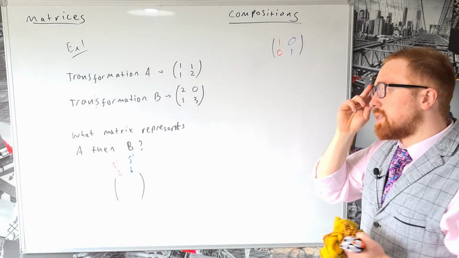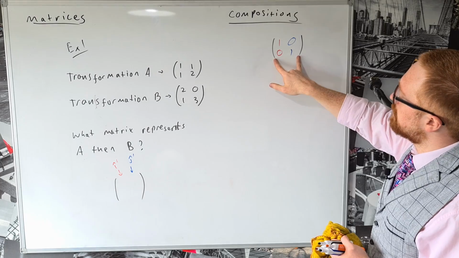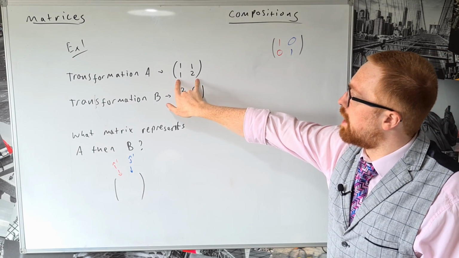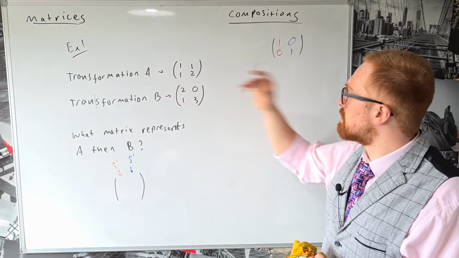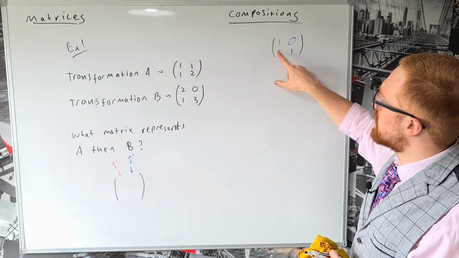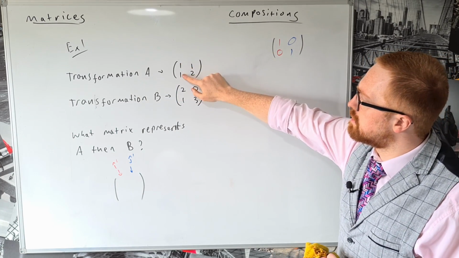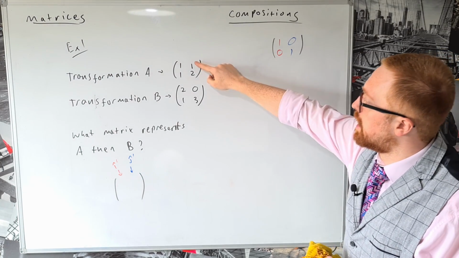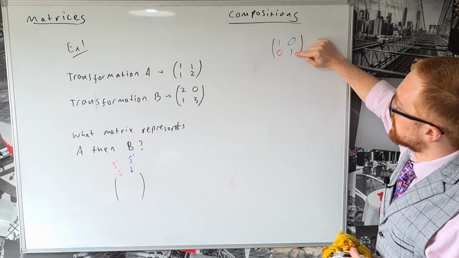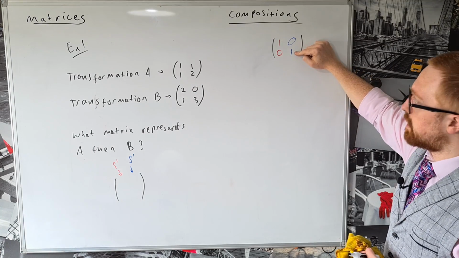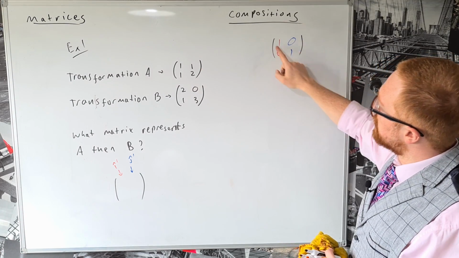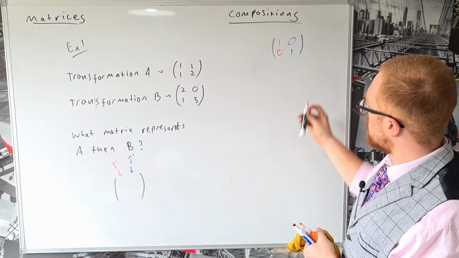But we don't really need to do that, because if you remember, if we put it into this matrix here, (1, 1) is exactly where i hat ends up after the first transformation A, and (1, 2) is exactly where j hat ends up after the first transformation A. So let's just sketch what's happening.